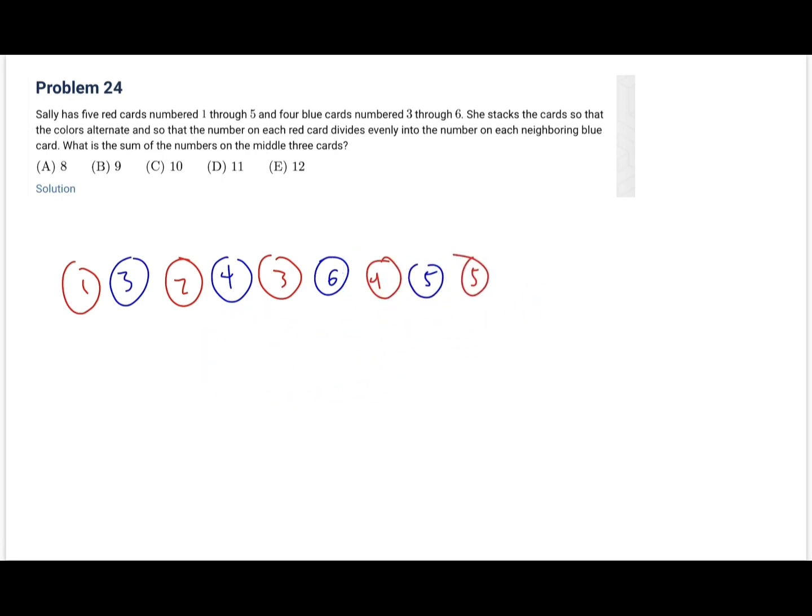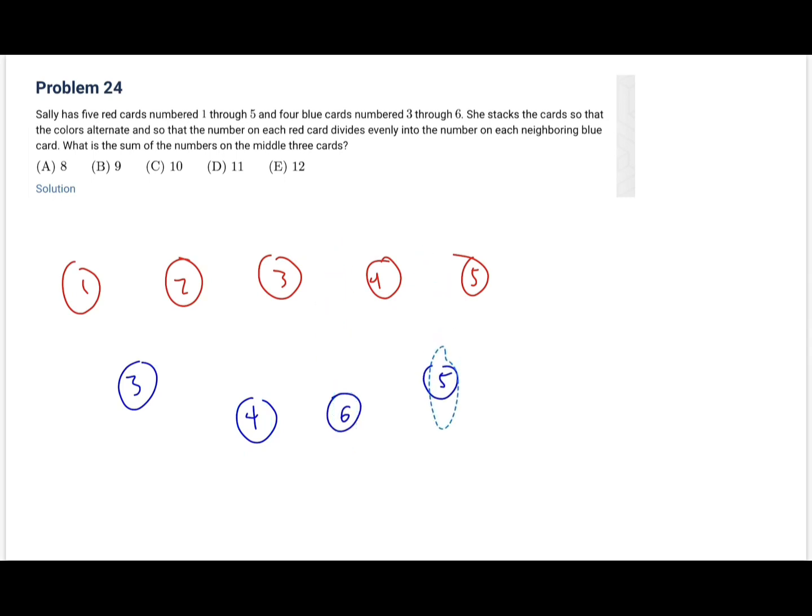But then each red card will have to divide evenly into the number on each neighboring blue card. If we have 2 with this one here, then 2 should be a divisor of 4, and 2 should be a divisor of 3. But 2 is not a divisor of 3, so this arrangement is wrong. So we have to rethink the arrangements.